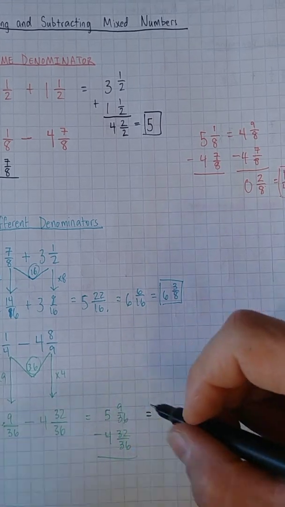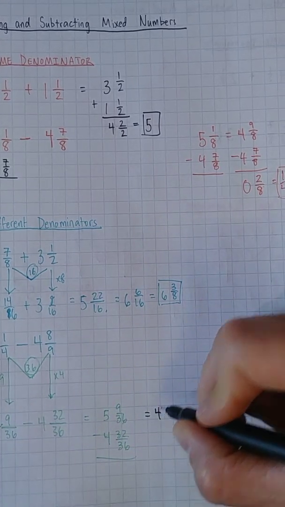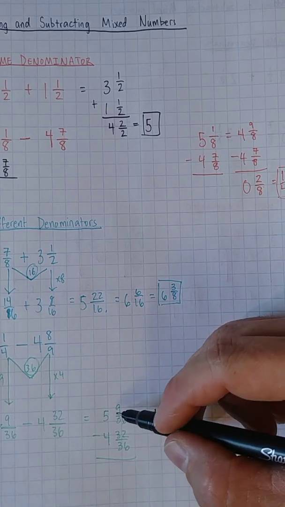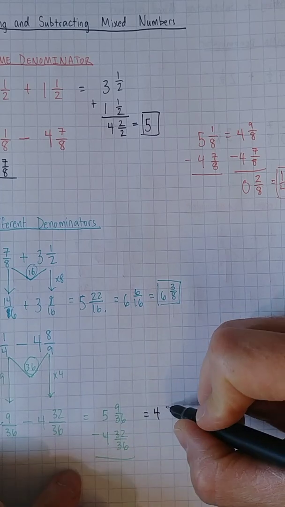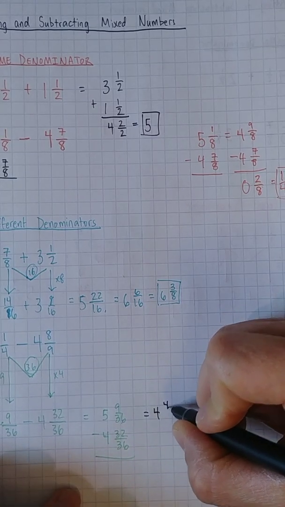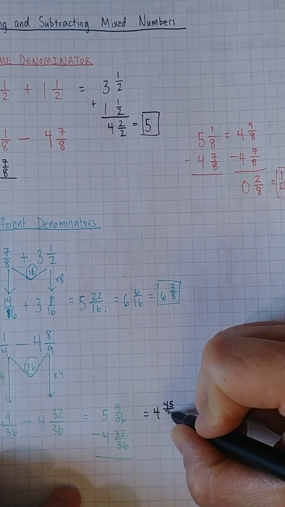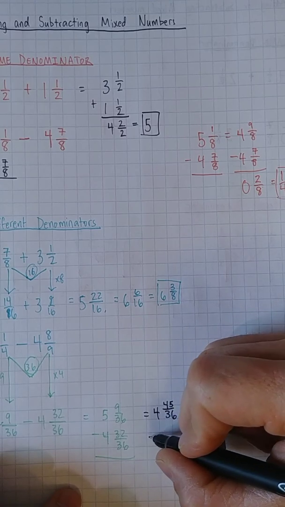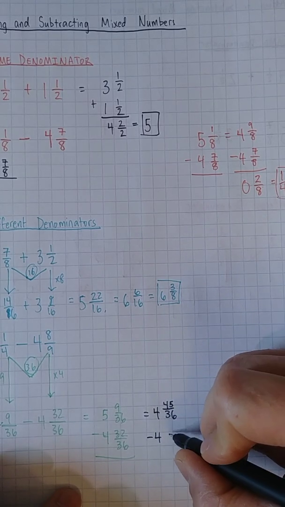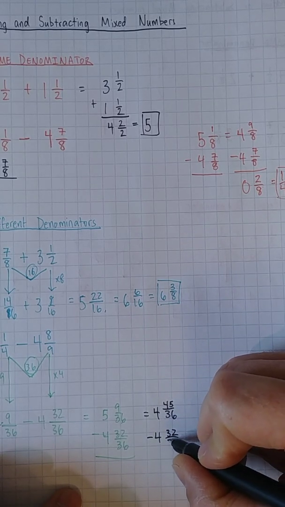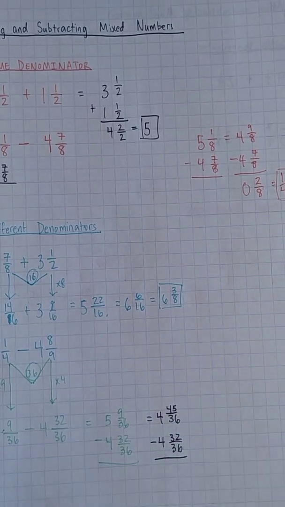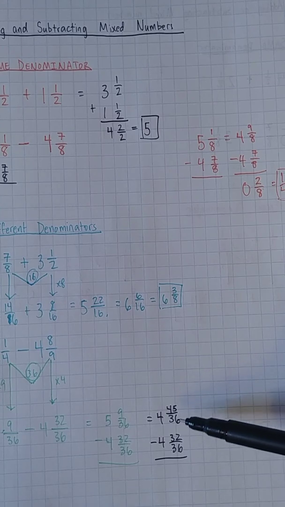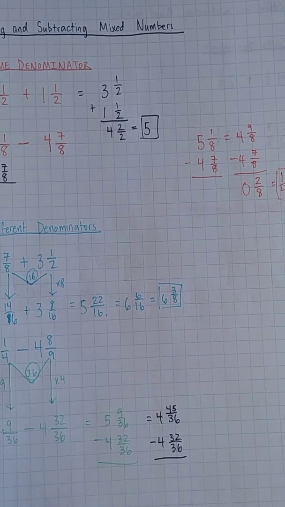So 5 9/36, well, I'm going to call this 4 and 36 plus 9 would be 45. So now I have 4 and 45/36 minus 4 and 32/36. Now, as you can see, I'm ready to subtract. So go ahead and pause the video, do the subtraction step here, and see what you get.